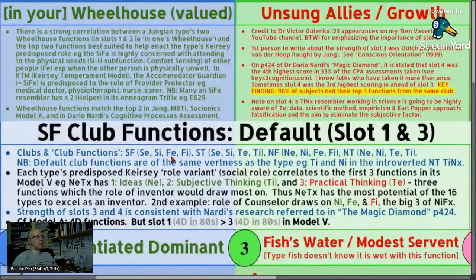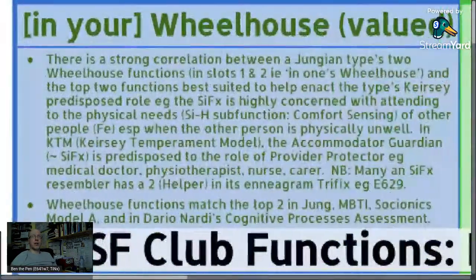Hope you can see that. If you want to pause that, I'll get on to slot 3 soon. But what I'm going to do is zoom in on these blocks, and then you can pause it.